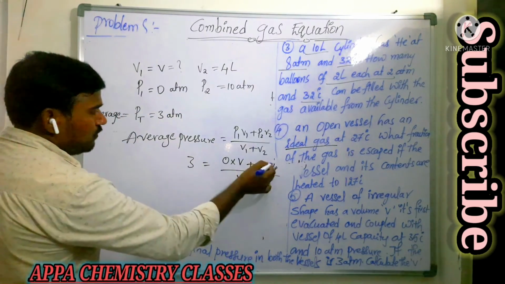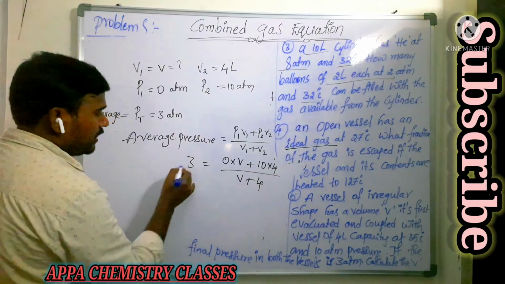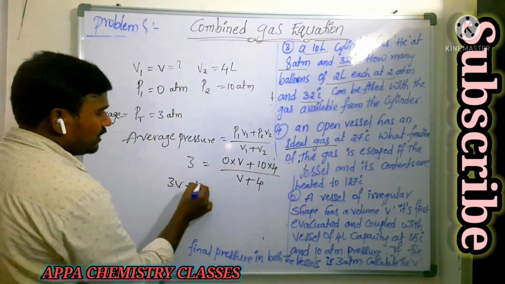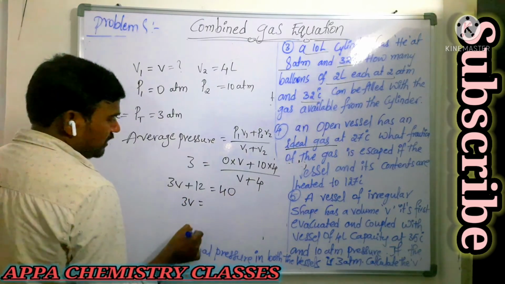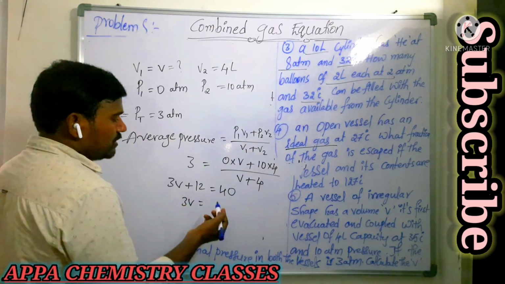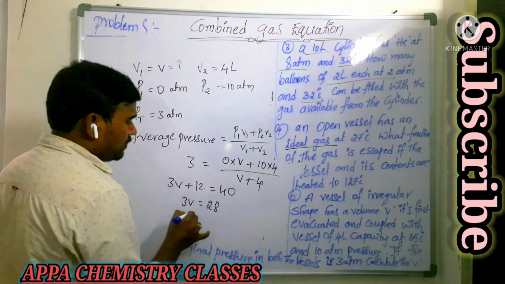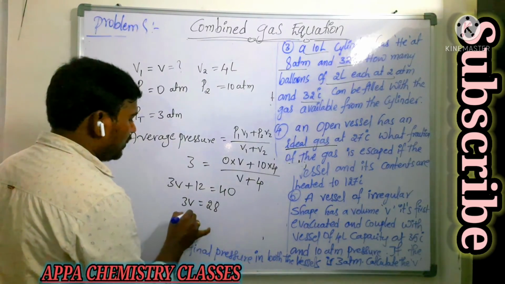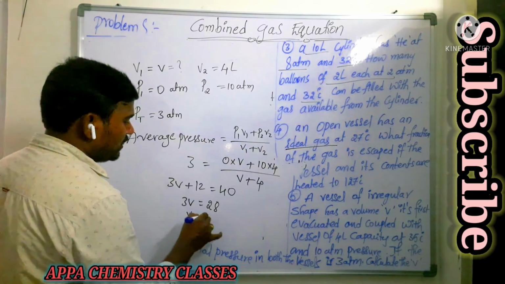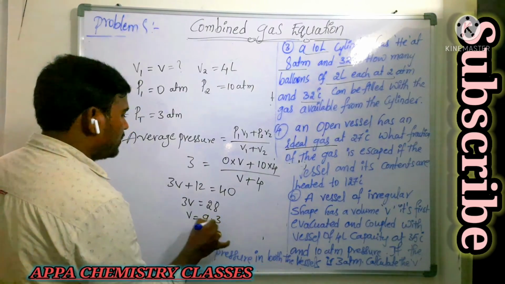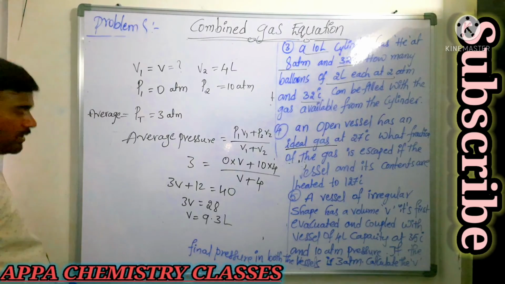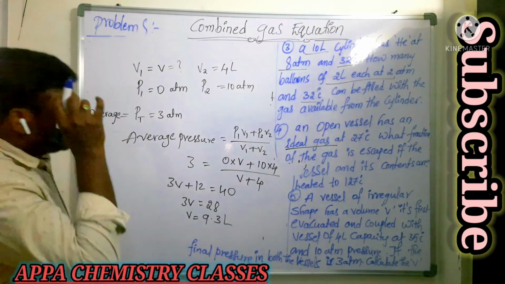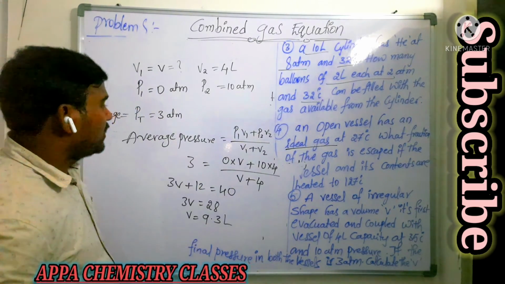Now solve it. That is 40 by V plus 4, so 3V plus 12 is equal to 40. 3V is equal to 40 minus 12, that is 28. So the volume is 28 by 3, that is 9.3 liters.